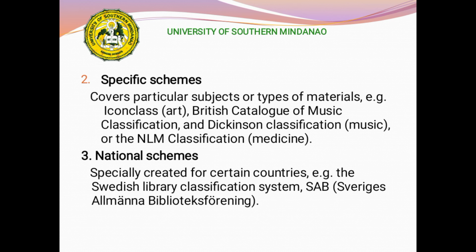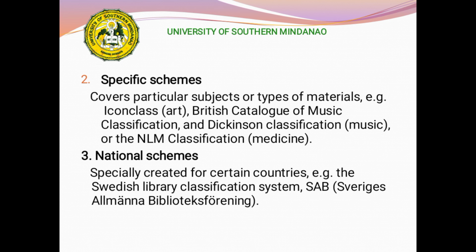Number three is national schemes, specially created for certain countries. Examples: the Swedish Library Classification System, or SAB.